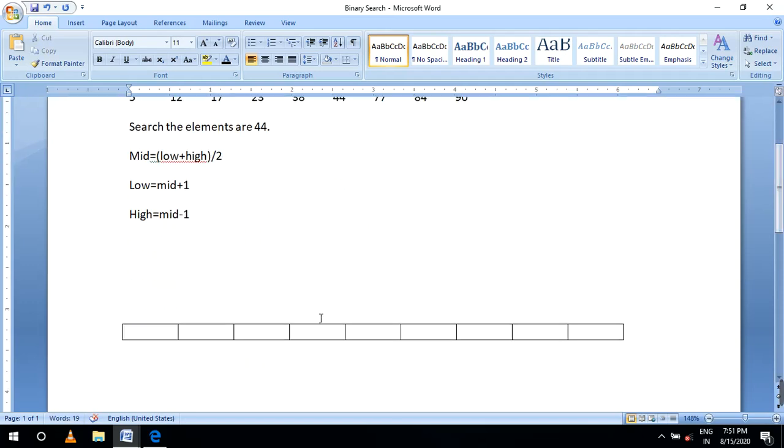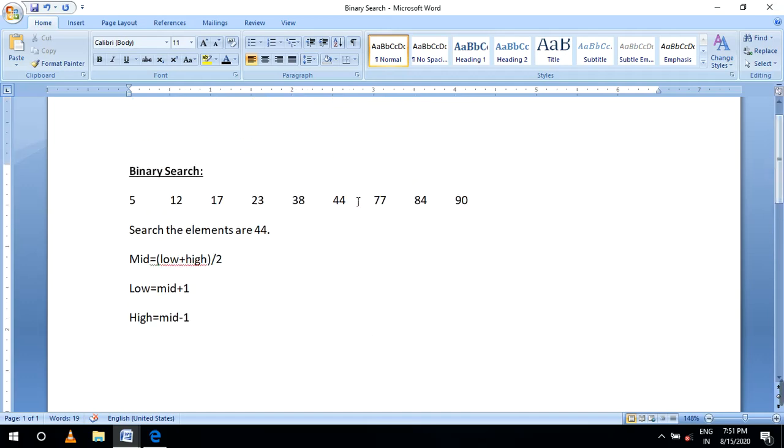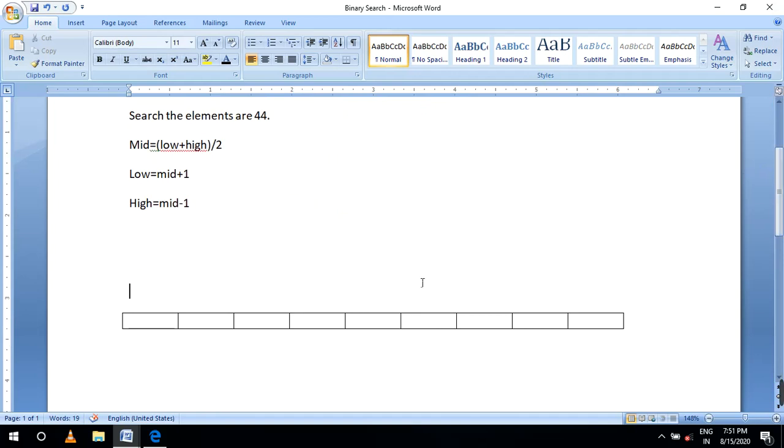Okay, I am declaring the first level. So how many elements am I giving? I am giving a total of 9 elements. So I am starting the indices from 0.